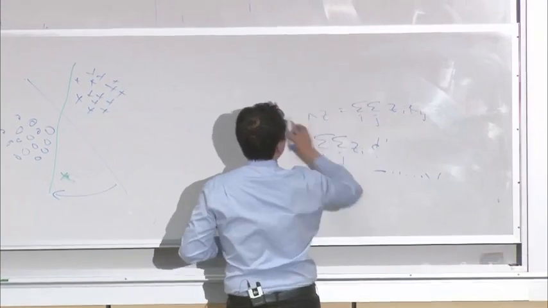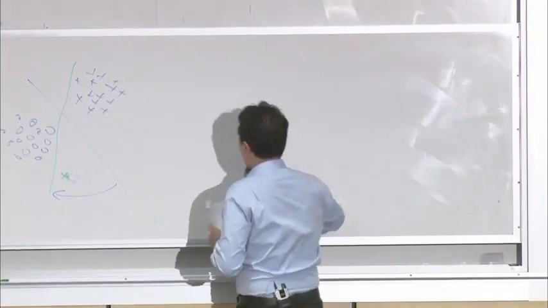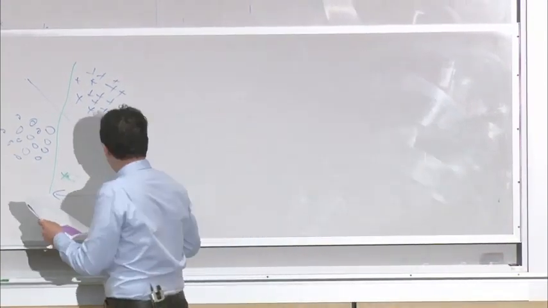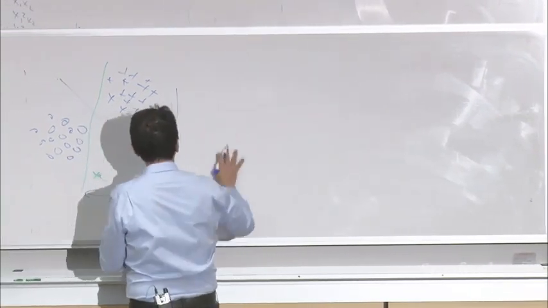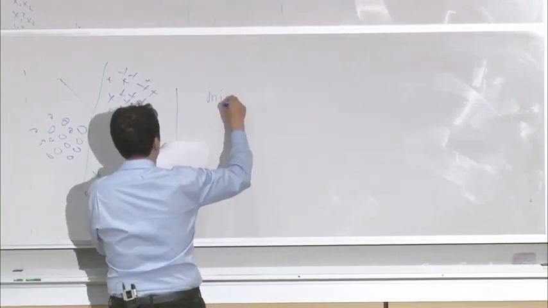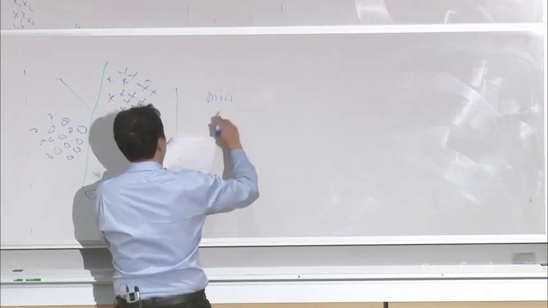Okay. And then if you go through the representer theorem derivation, represent w as a function of the alphas and so on, it turns out that the problem then simplifies to the following.